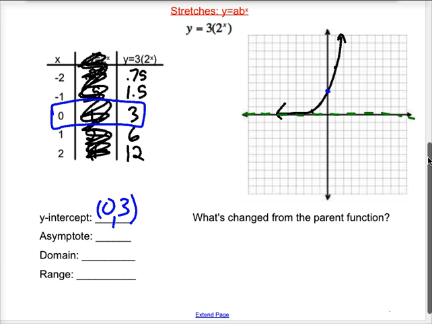Well, it's still approaching that same line of y equals 0. The domain, what x values can we use? Well, that's going to be the same, all real numbers. And then remember the range. So the range is special because it has to be everything greater than 0. All the y values we are seeing are the y values that are greater than 0.